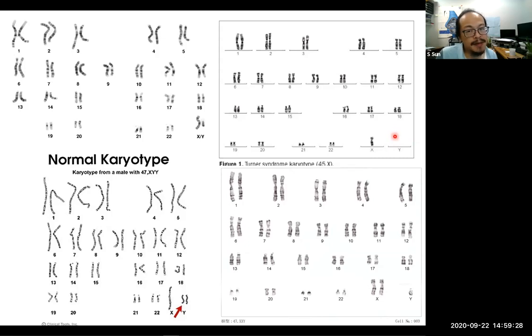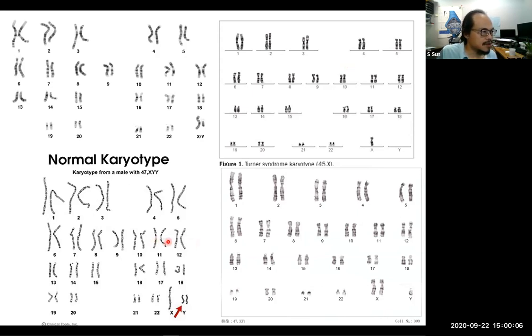So by default it will develop into a female baby. However, it only has one X. So the gene expression from a single X is not as strong as from two X. So there will be some features not fully developed. That affects the female. The female doesn't develop into the full female structure.